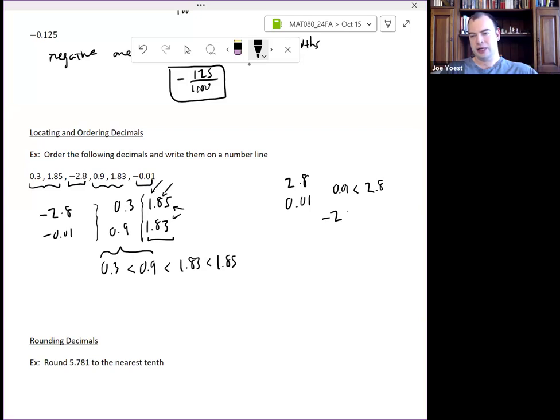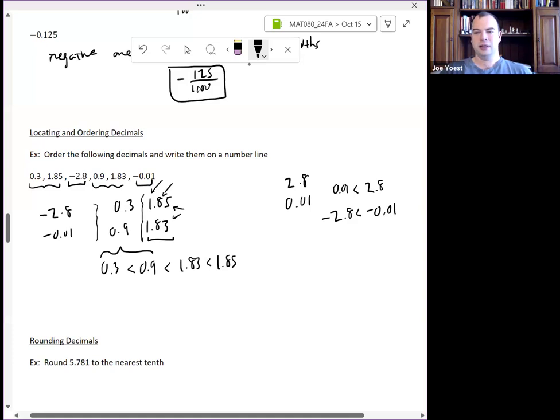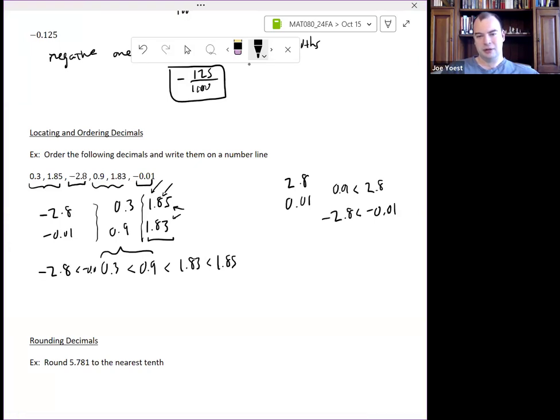So negative 2.8 is less than negative 0.01. If I owe somebody 1/100th of a slice of pizza, or, let's just think of currency now, if I owe somebody 1 penny, then I am less worse off. I'm better off financially than if I owe somebody $2.80. So negative 2.8 is less than negative 0.01, and I can't quite shimmy that in there.